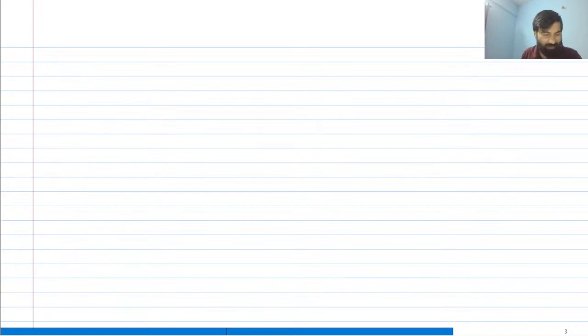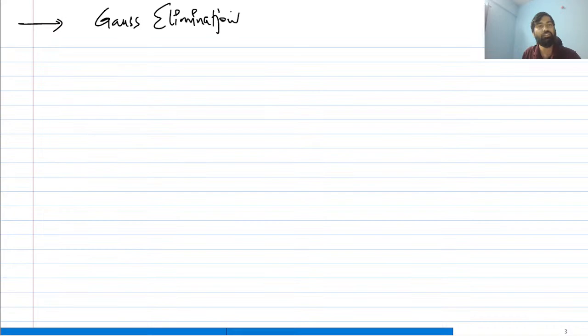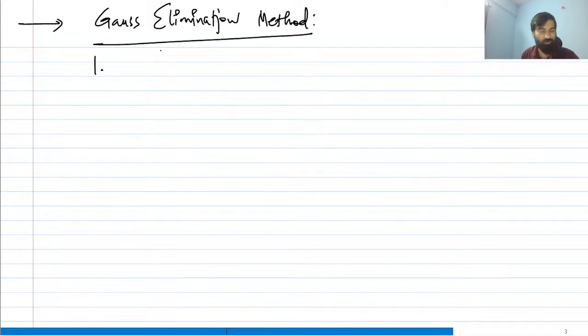So what is elimination here? Elimination means the Gauss elimination method, we call it. In the Gauss elimination method, the very first operation is to interchange the ith row and the jth row.